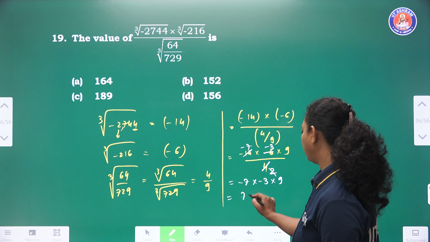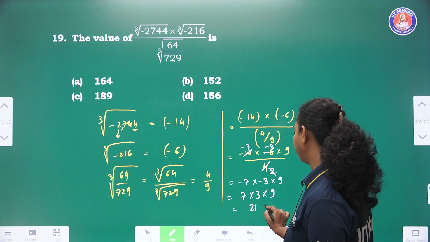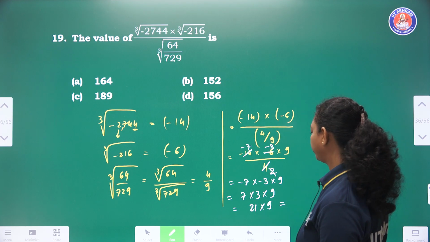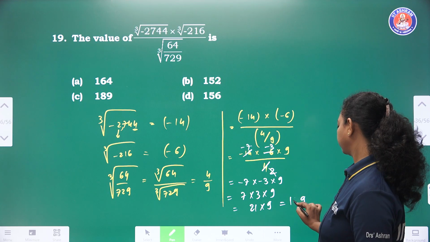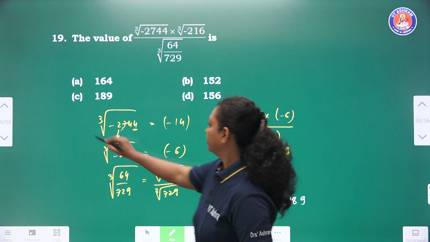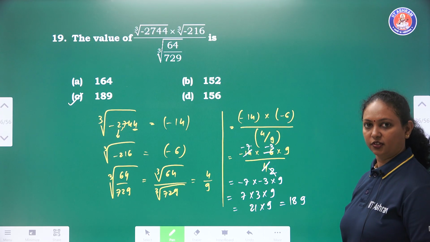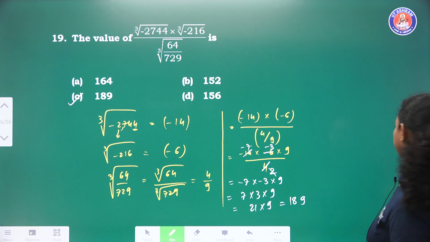So it is the same as 7 into 3 into 9. 7 3s are 21, 21 into 9. So what is your answer? 189. C option is the correct answer. Okay? Move on to next.